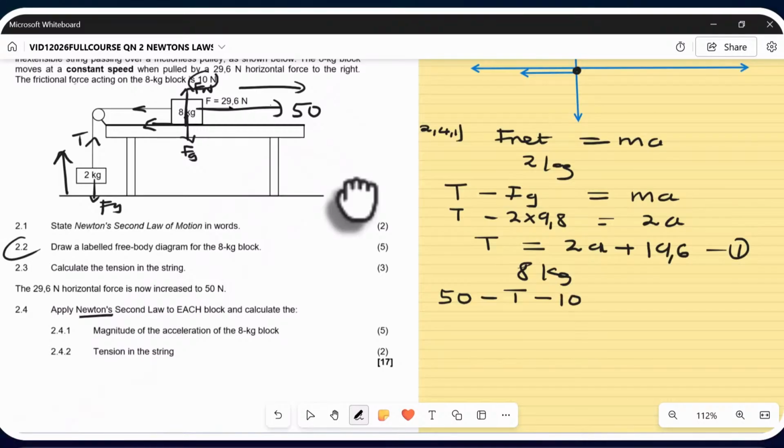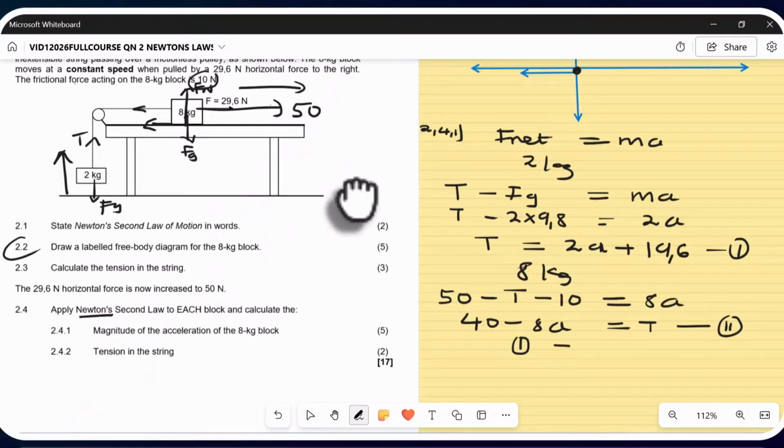Now the Ma is 8 times the acceleration, so here it gives us 40 minus 8A equals our tension, so we can say this is equation 2. Now because the two equations are both equal to tension, we can say equation 1 equals equation 2.